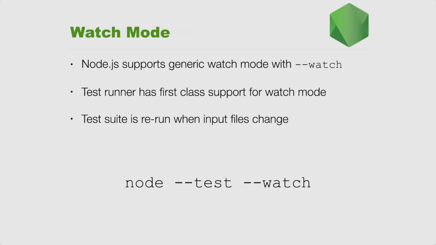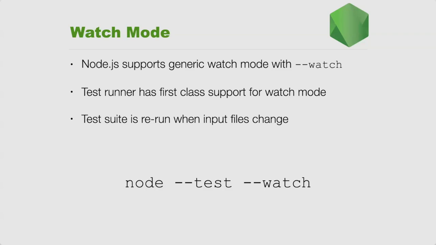We also support watch mode. So a couple versions ago, Node.js in general got support for watch mode with the --watch flag. And it's kind of like nodemon. So if you're writing your code and you change your input files, Node is watching those and it'll restart your process for you. The test runner is the same way.